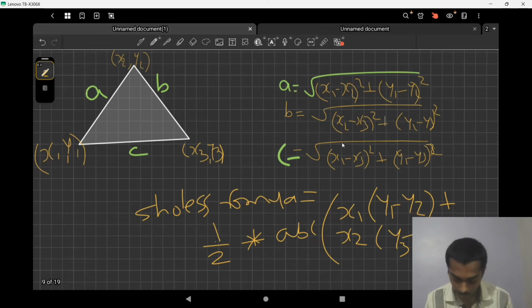Now if you choose x3, the other two are y1 minus y2.